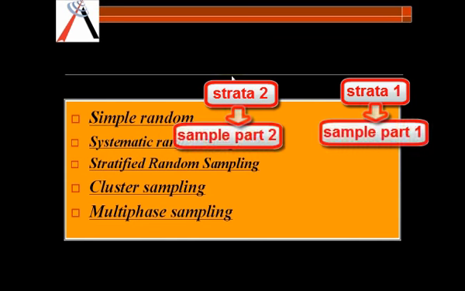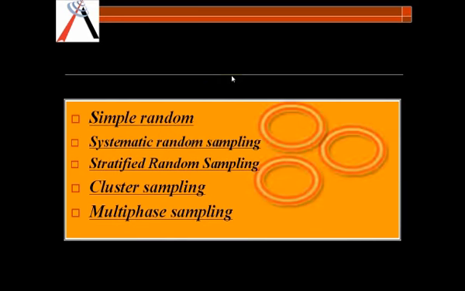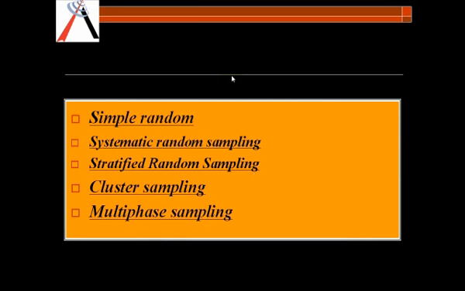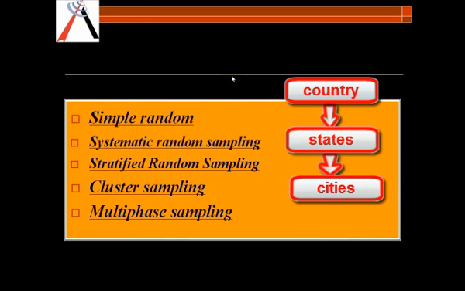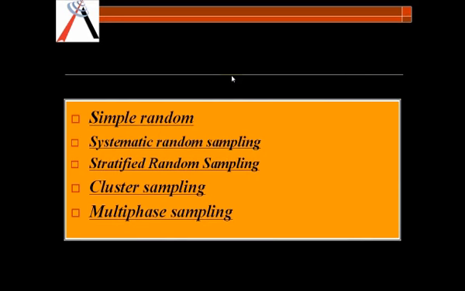And you have cluster sampling, wherein your population was already divided into natural clusters, and you're selecting samples from each cluster. And you had multi-phase sampling, wherein you are taking a big population and then you are selecting randomly in multiple phases. For example, from the country you select randomly the states, then from states randomly the cities, from cities the areas, and from areas you select your samples.